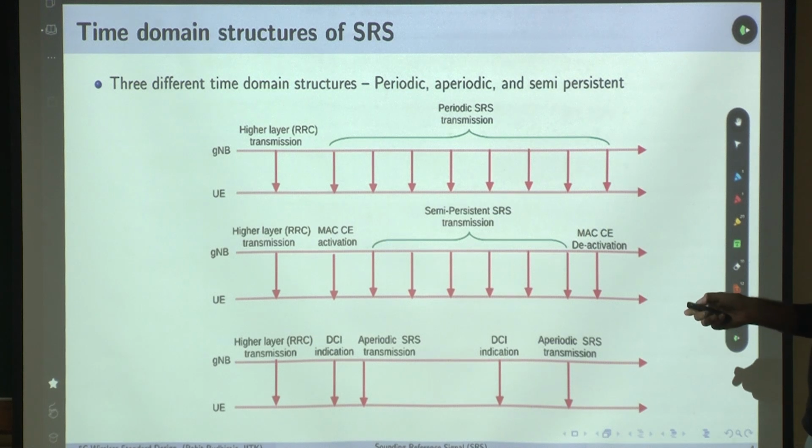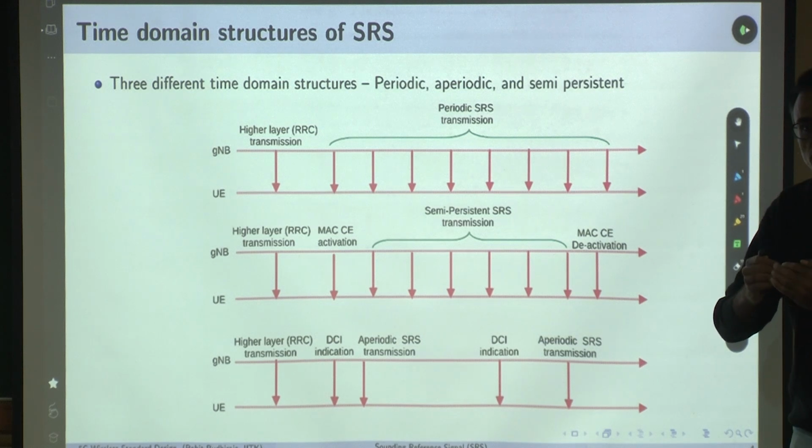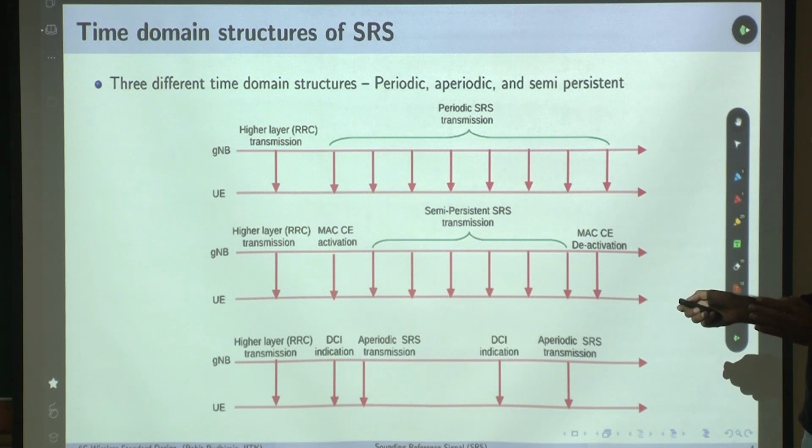Similarly, here the RRC gets into the picture for periodic SRS transmission, and it sends a message to the user that the SRS is being configured with this much frequency. It then continues after that. The UE will keep transmitting SRS continuously unless and until the RRC tells it to stop.